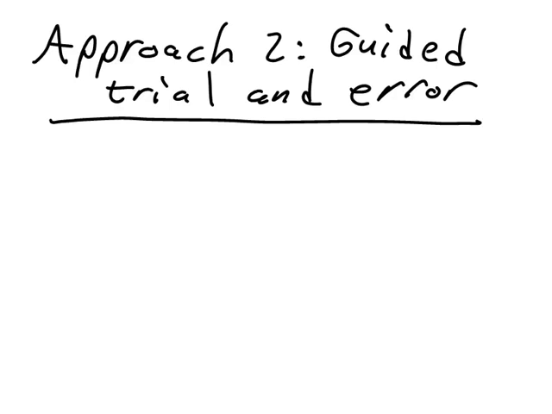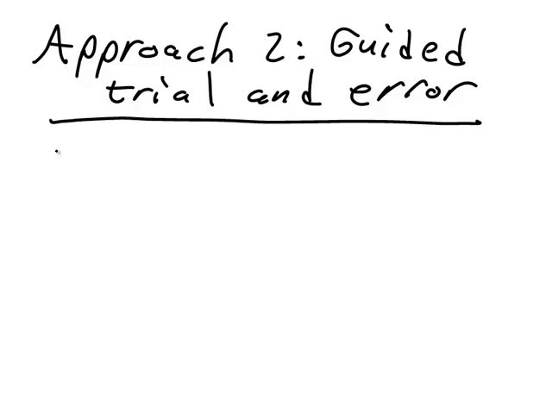Now, in approach number two, we do not create a model. Instead, we tune the gains by a sort of intelligent or guided trial and error, and that's the approach I'm going to go into in more detail. This is the kind of approach you would use if you can afford to do some experimentation on the actual system that you want to control.